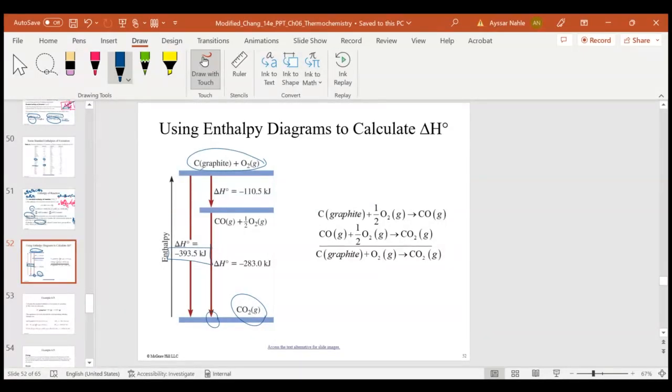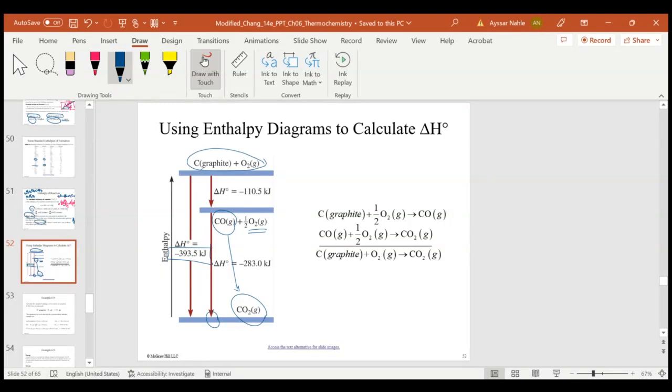But if I look at the carbon here, when you burn it a little bit, this will give me CO. It's an incomplete reaction. But if I put more oxygen to it, this will go into CO2. So I have a two-step reaction. C plus half O2 will give me CO, and then CO plus half O2 will give me CO2.